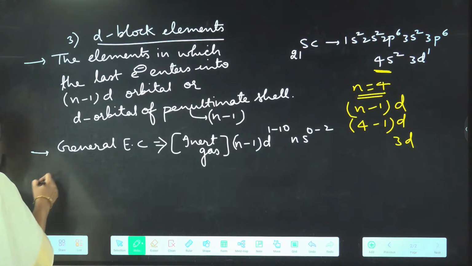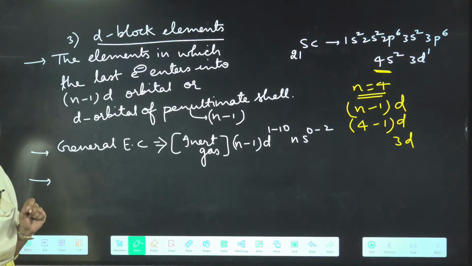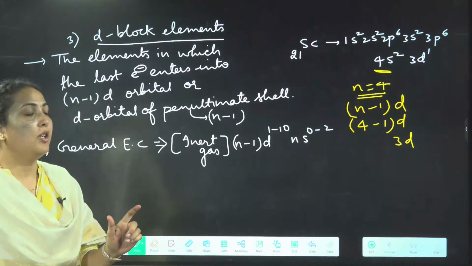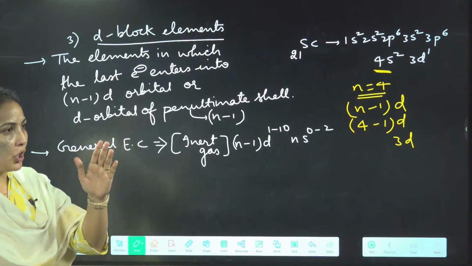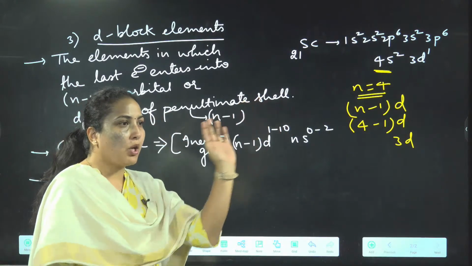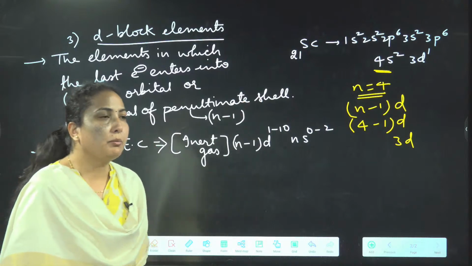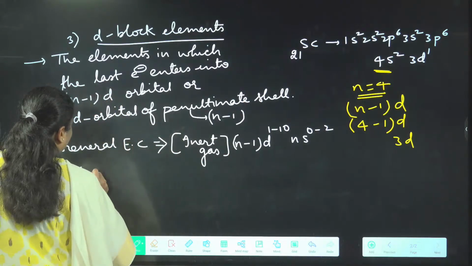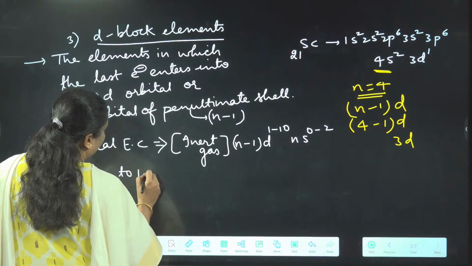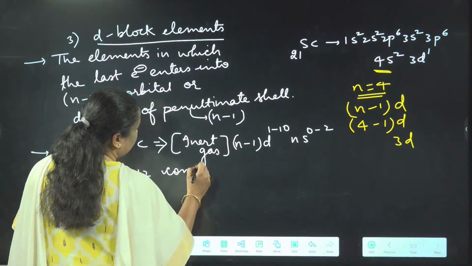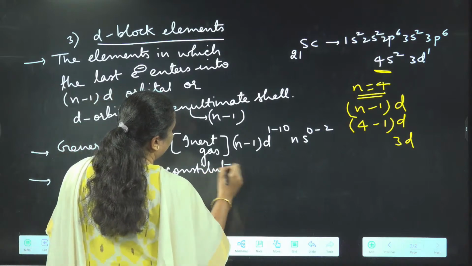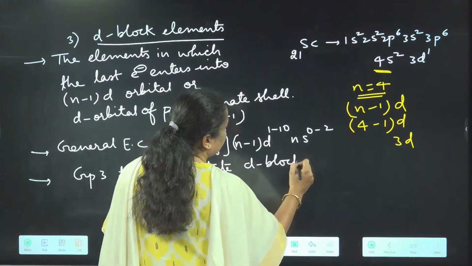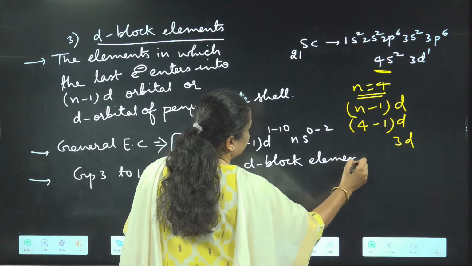Okay. Now, what are the groups which come under D block? In the periodic table, you know, group 1, group 2 gone for S block, then group 13 to 18 gone for P block. Only ones which are remaining is 3 to 12, right? So, group 3 to 12 constitute D block elements, right?